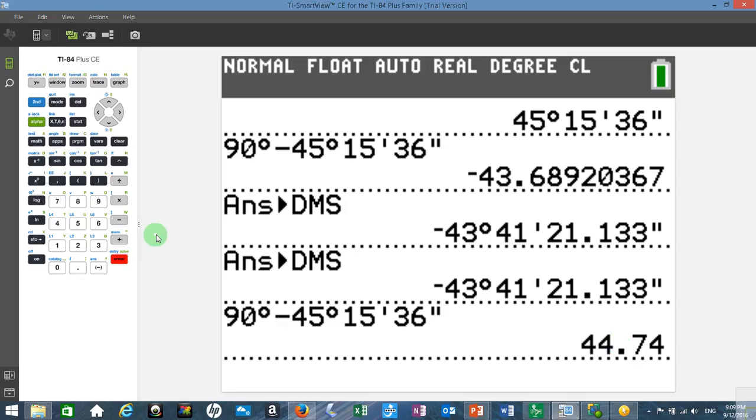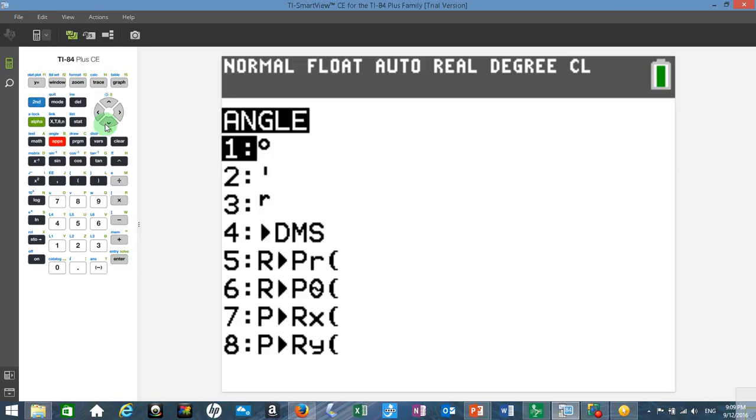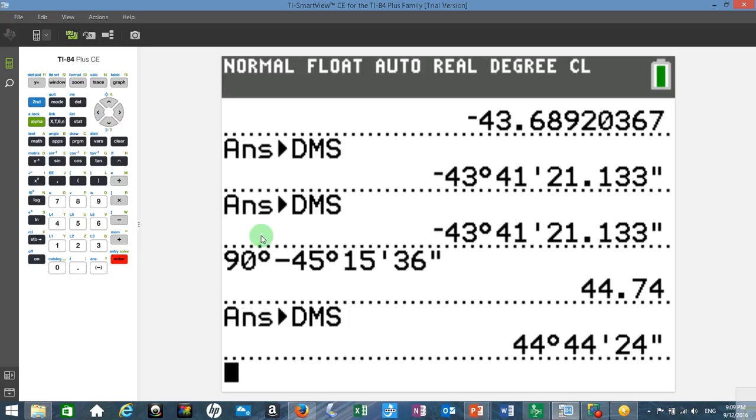And now we change that: second answer and second angle and go down to degrees, minutes, seconds, and enter. There's your angle. 44 degrees, 44 minutes, and 24 seconds. And if you add those two together, you get 90 degrees. So that's how you do it.